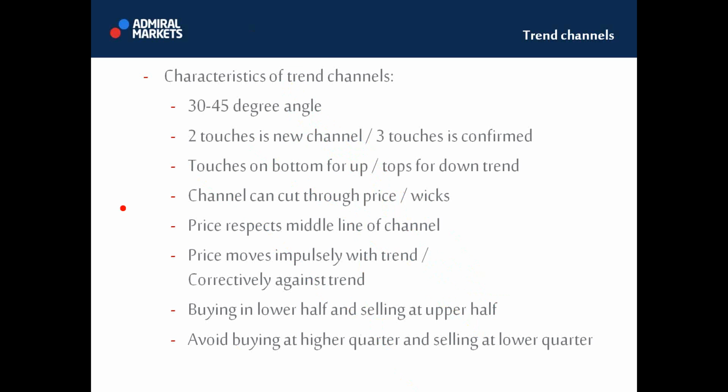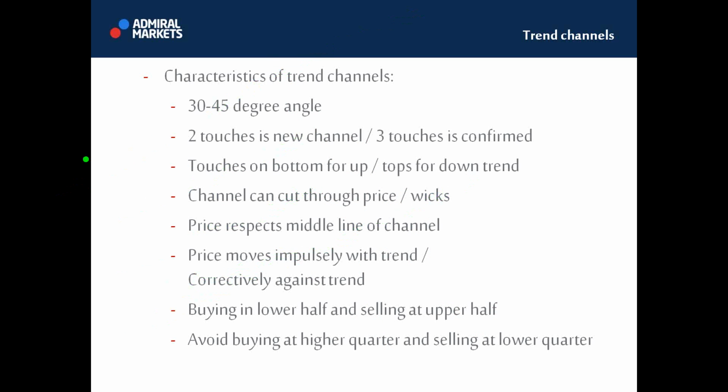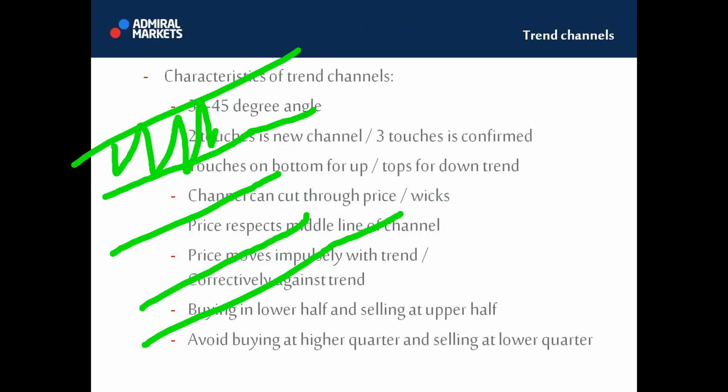What you want to avoid in an uptrend is buying in the upper quarter. Why is that? If you're buying in the upper quarter, obviously you can see that the space to the upside, what we could expect at least and plan on, is very limited.